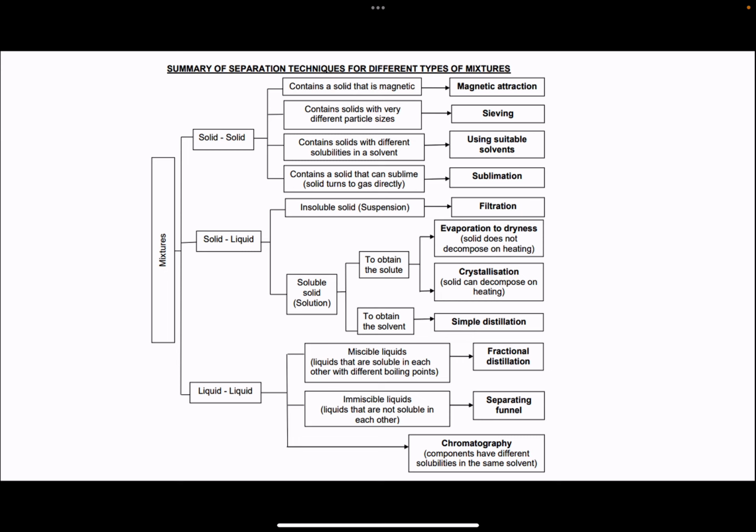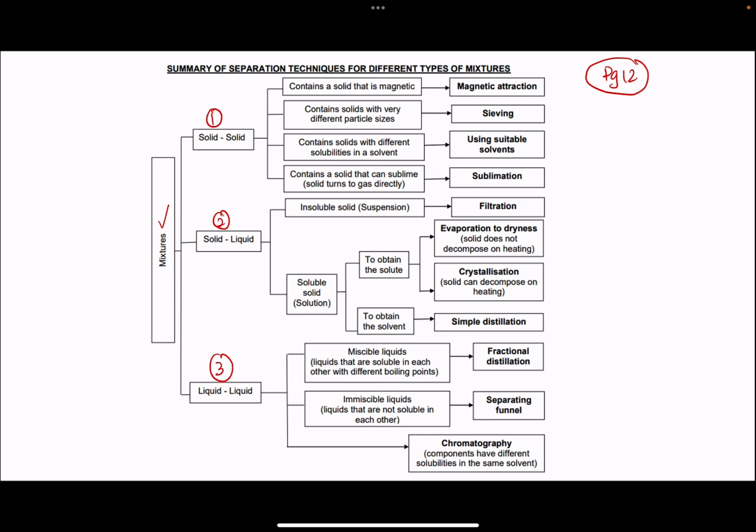I've prepared a very nice summary for you on page 12 of your notes. This summary, we will keep revisiting so that you can get a very good overview. Just to show you very quickly, I start off with looking at mixtures, and there are three types.